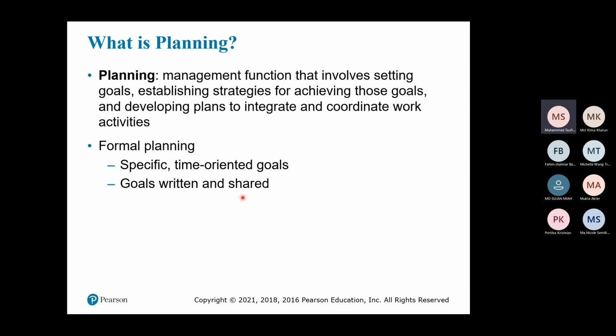You need to do more things to attract more people. You have to change the content of your social media, because your target is different. So you have to understand that. The planning can fail if you do not give a specific and time-oriented goal to the plan.